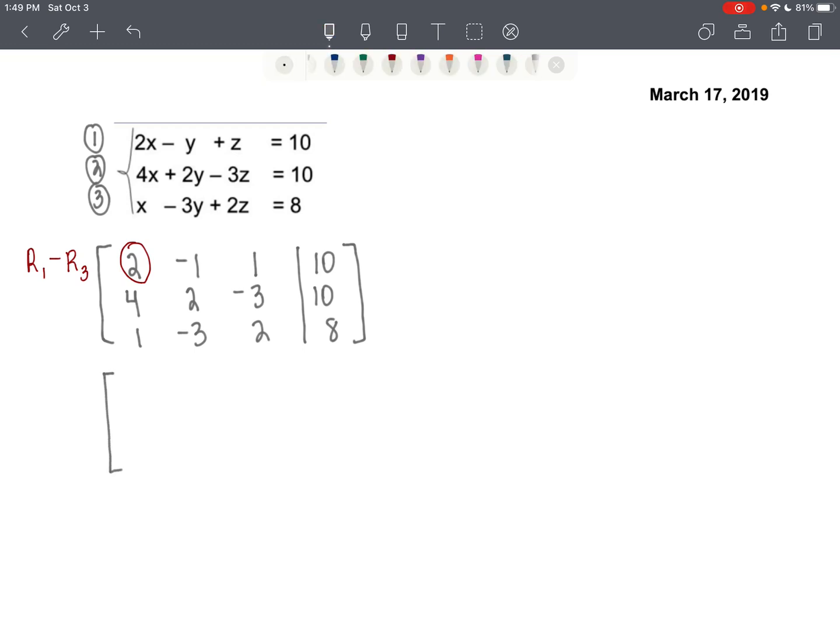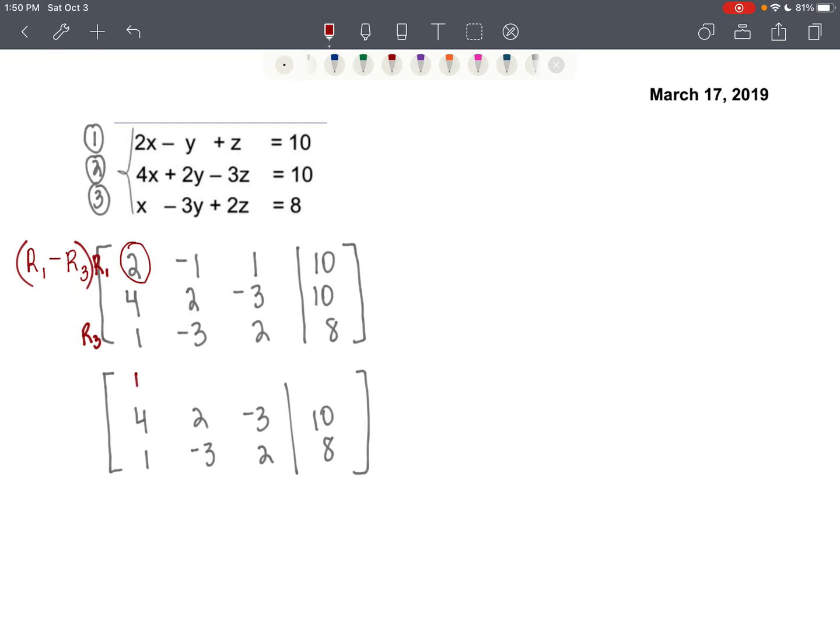So when I change that, let me show you. The second row is staying the same. The third row is staying the same. It's the first row that's going to result in a change. Row 1 minus row 3. Here's row 3 right here, and this is row 1. What we're doing is row 1 minus row 3.